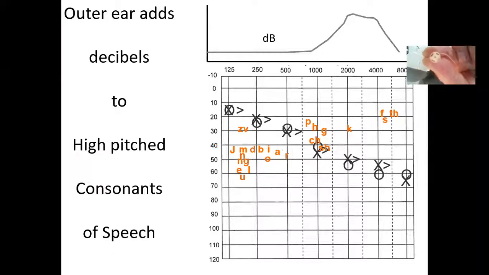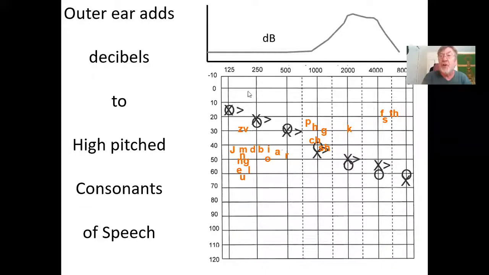Why? Because otherwise the guy's going to have the ear plugged up. Go ahead and plug your ear and talk. Hum. You hear yourself loudest in the ear that's plugged, don't you? That's called the occlusion effect. Why do you have venting? To get rid of the occlusion effect. So the better your hearing is in the low frequencies, the more you're going to get the occlusion effect when you plug an ear.